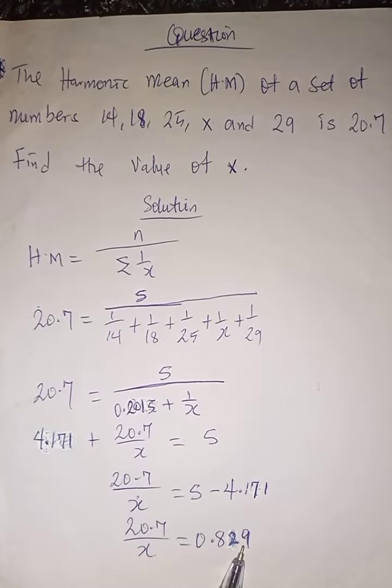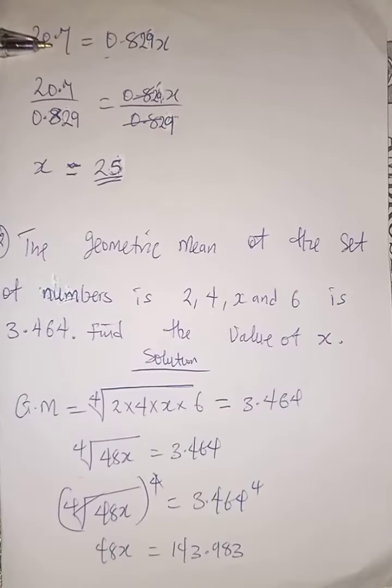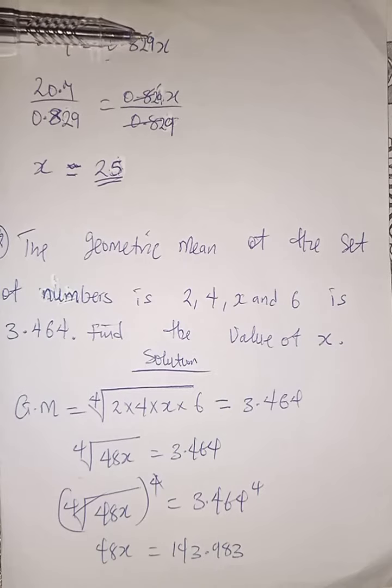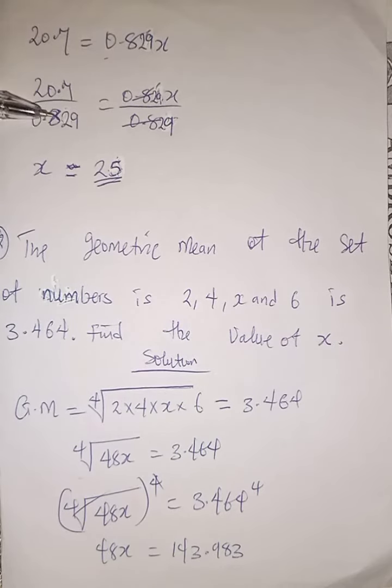We'll have 20.7 equals 0.29x. So divide both sides by 0.29 so that x will be free. This will cancel this. We have x left out. This over this, we have 25 approximately. So that will be the answer to that question.